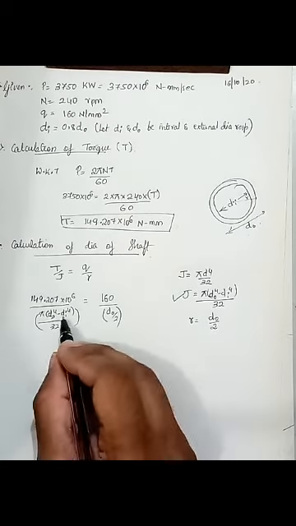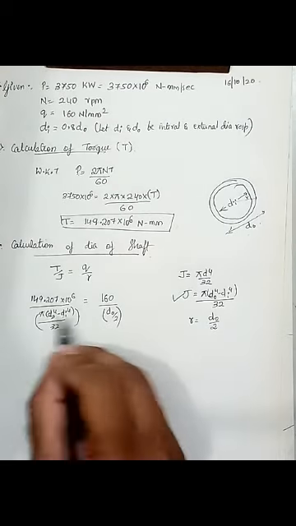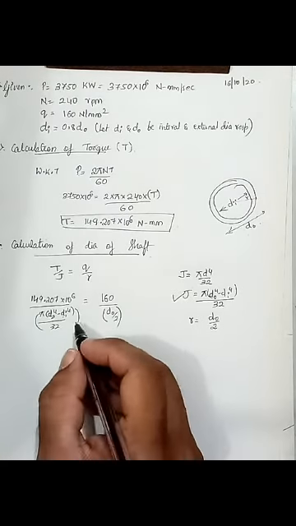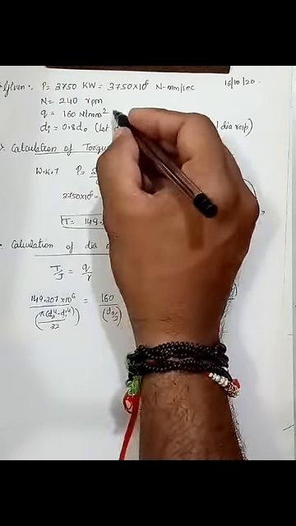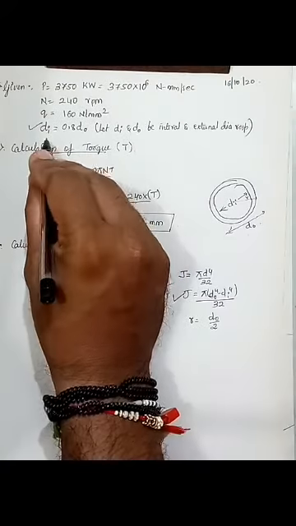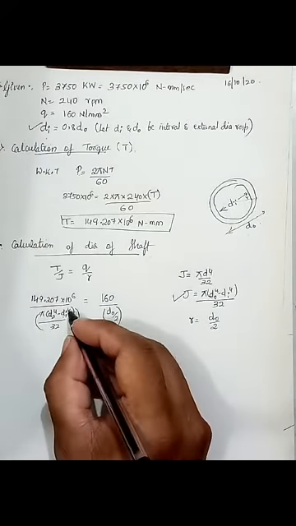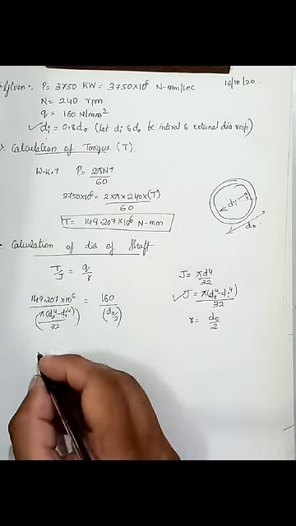Now there are two different unknowns in this single equation, so we cannot find it. So we have from this di equals 0.8 times do, so I can replace di with 0.8 times do.